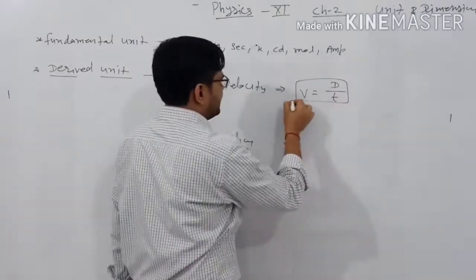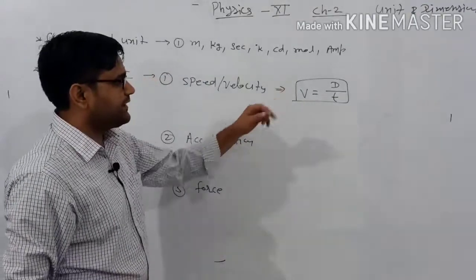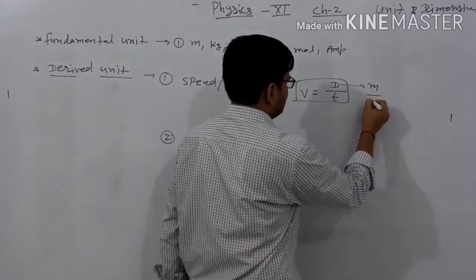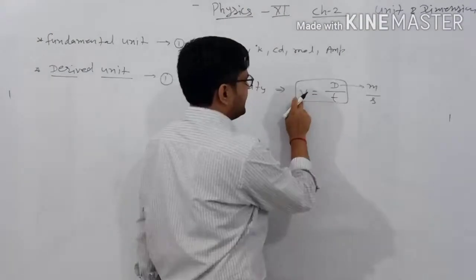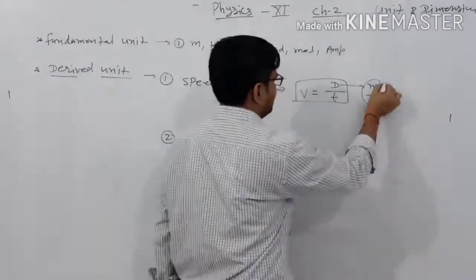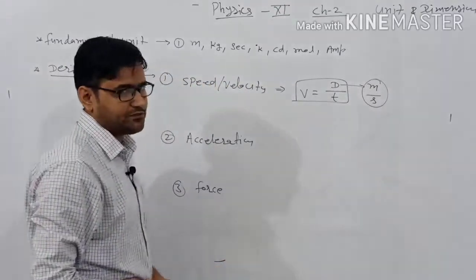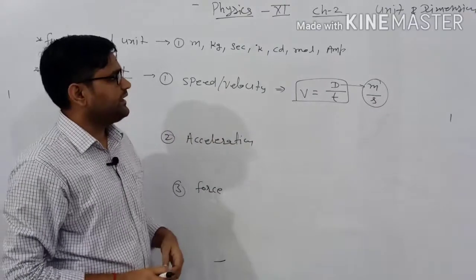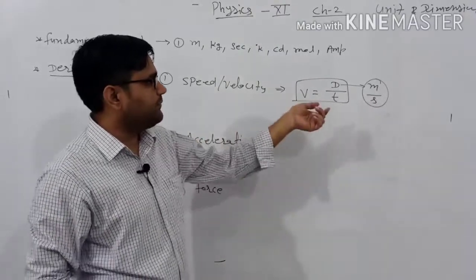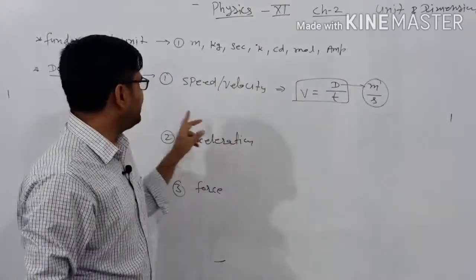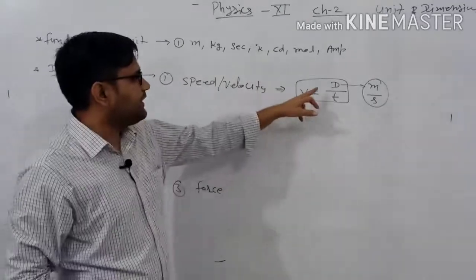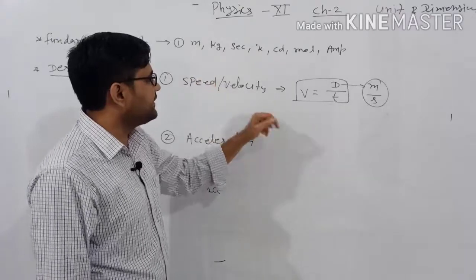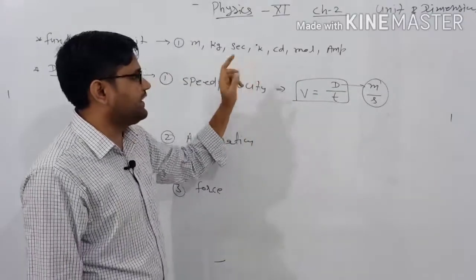Here the distance or the displacement is represented in meters and the time in seconds. That's why meter per second is the unit of velocity or speed. It means we measure the speed or the velocity of any object in meter per second, and it is derived with the help of the meter, which is our fundamental unit, and second, which is also a fundamental unit.